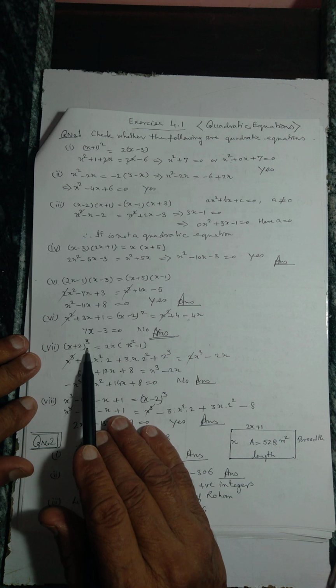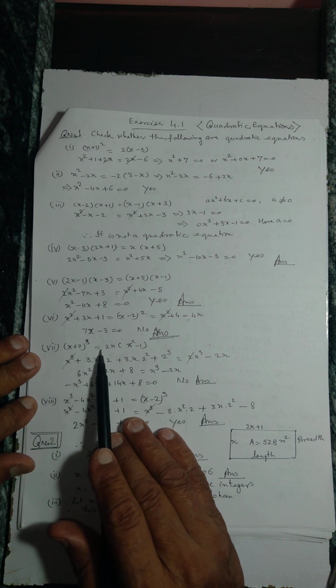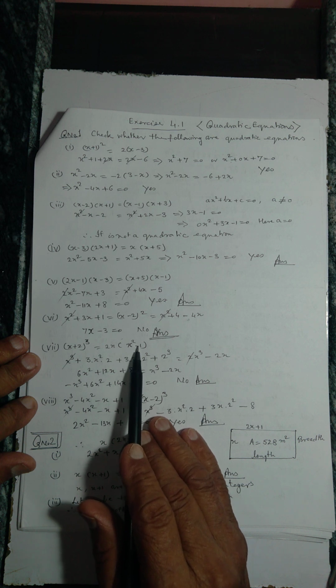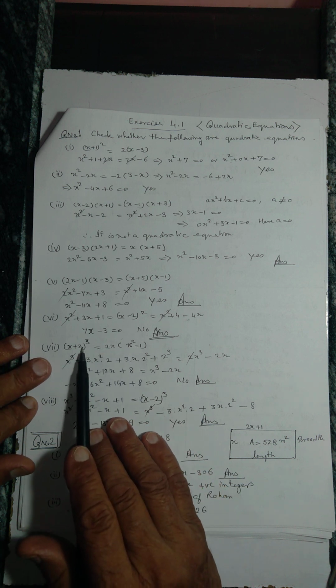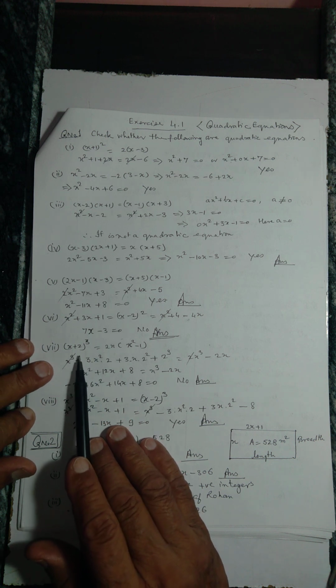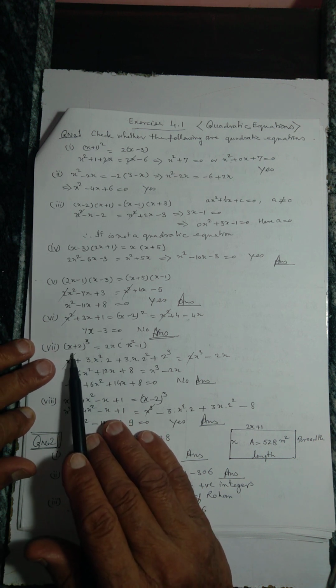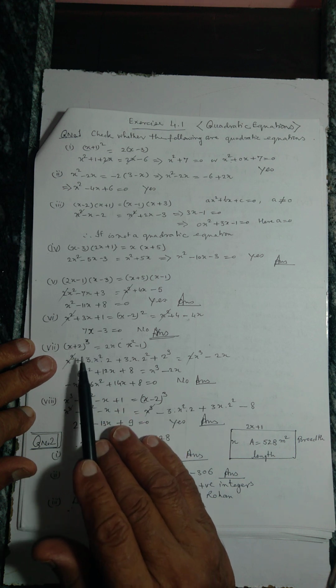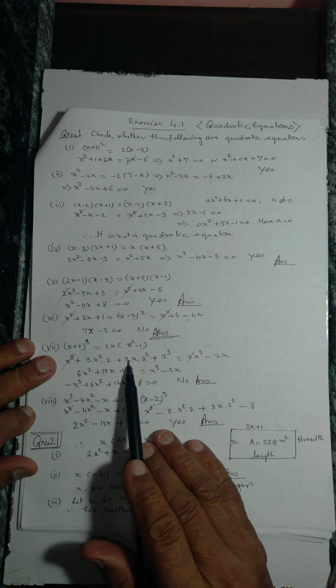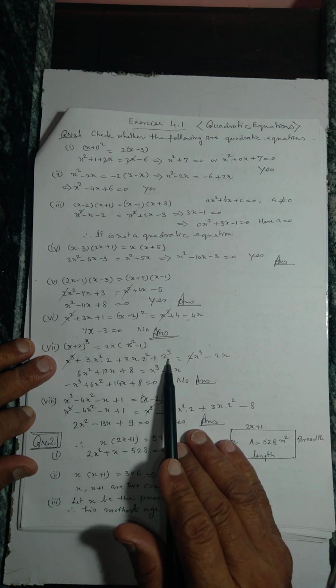(x plus 2) whole cube equal to 2x in bracket (x square minus 1). Now I have opened this (x plus 2) whole cube. As per the algebraic formula, you know very well that (a plus b) whole cube is equal to a cube plus 3a square b plus 3a b square plus b cube.